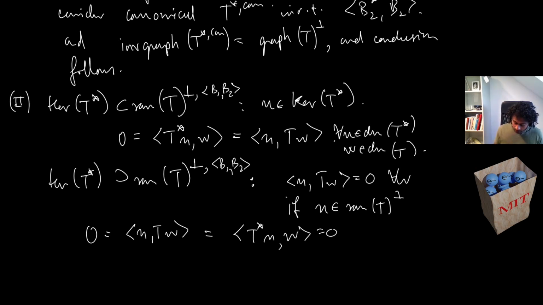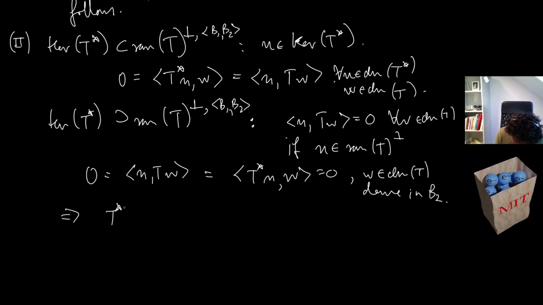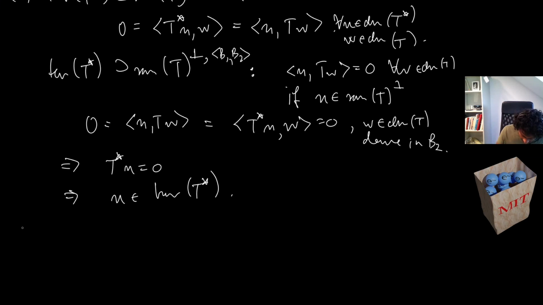Of course from item number 1, W is in DOM T, dense in B2, and because it's dense, we conclude that T star of U equals 0, and that's the same thing as saying that U is in the kernel of T star. Okay, so that's the equality that we want, and this follows. So this I'll actually leave as an exercise, right? But it's an easy conclusion of putting these facts together.